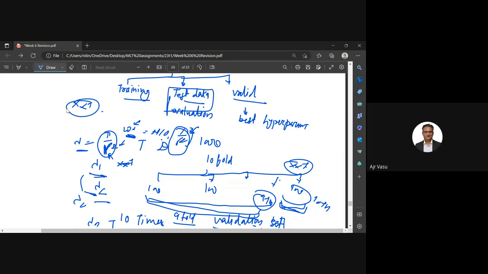Here we assume the prior, right? Prior assumption for the W. Remember, we are calling it a Gaussian with mean 0 and this covariance.